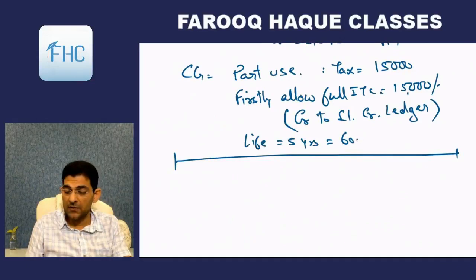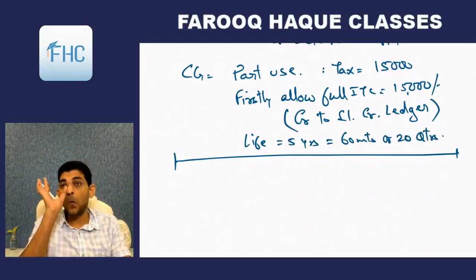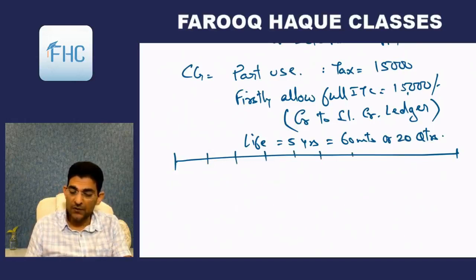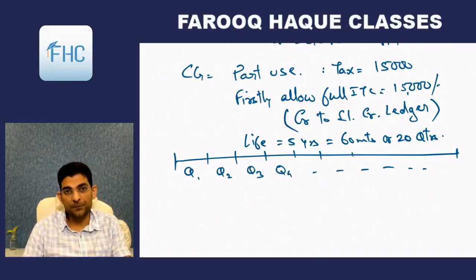which is equal to, you can say, 60 months or 20 quarters. 60 months means 20 quarters. Okay, so we'll estimate life over 20 quarters. Now if these are quarters, Q1, Q2, Q3, Q4 and so on and so forth up to 20 quarters.